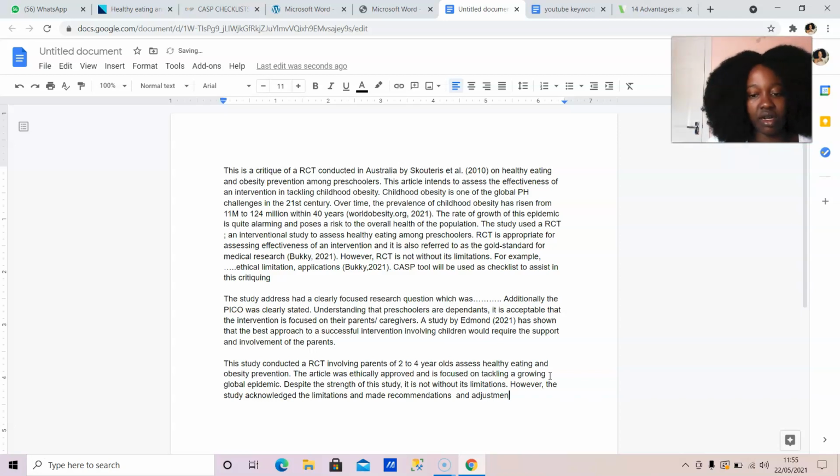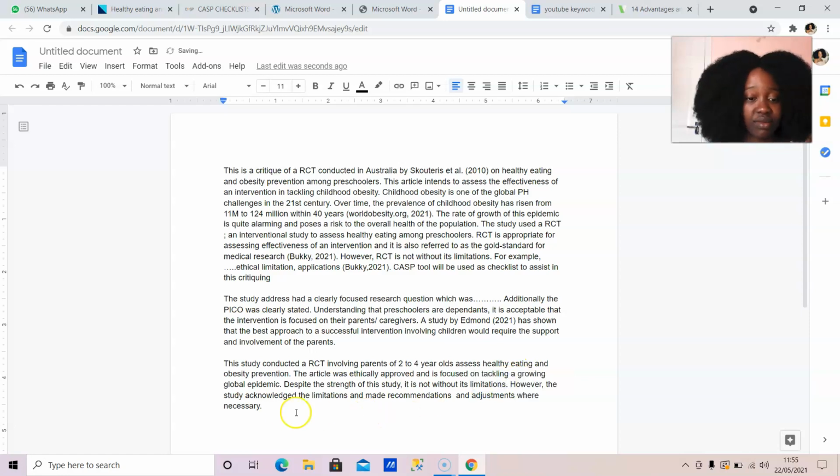In terms of the calculations now, adjustments where necessary. So I can decide to stop like this, but you can go a step further and say these recommendations and adjustments, sorry, it should be plural.